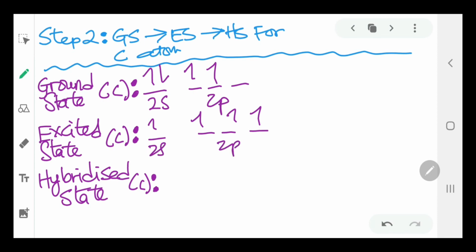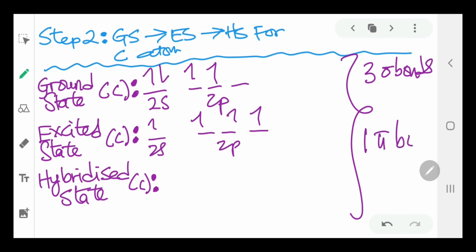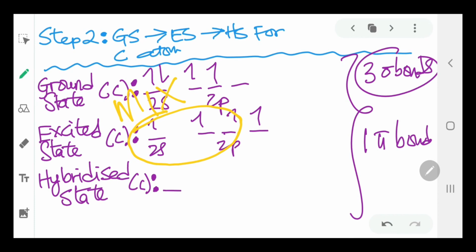Remember, it will have 3 sigma bonds and 1 pi bond. When you have 3 sigma bonds, you mix one s and two 2p orbitals, 1, 2, 3. So you have sp2.